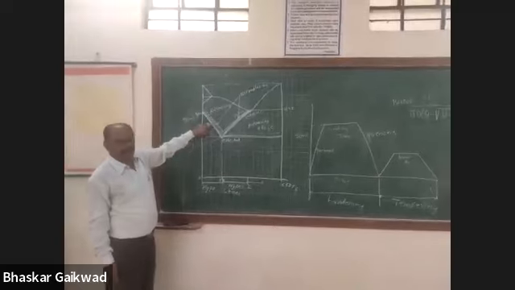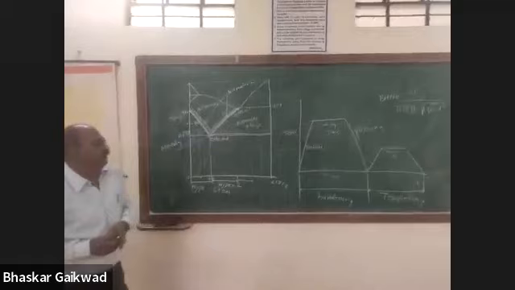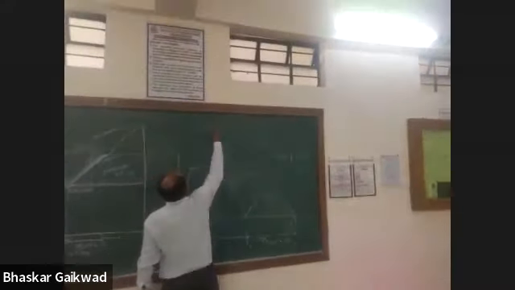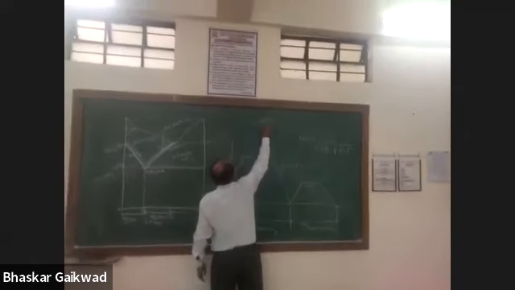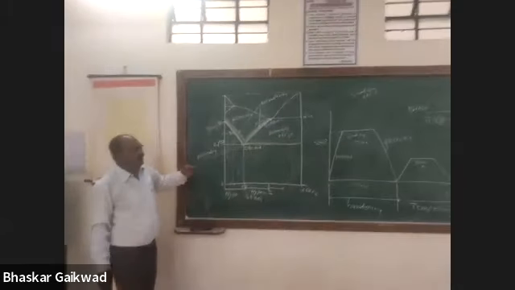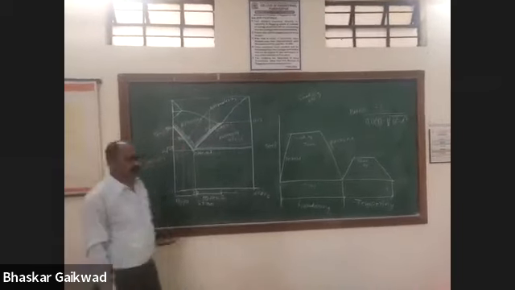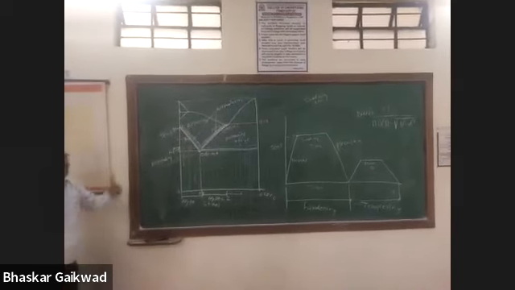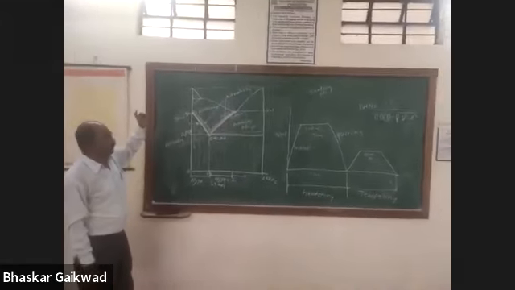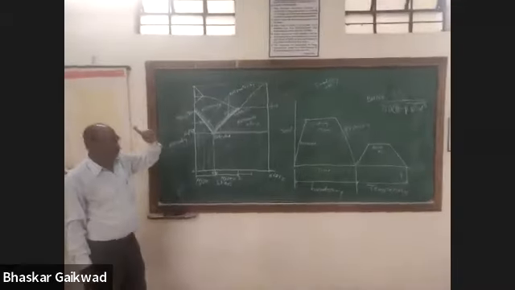After this, you keep that component for a particular period, that is called the soaking period, or soaking time. Soaking time means constant temperature. It normally depends upon the cross section of the material. For 1 inch, normally we keep 1 hour as per industry rules.